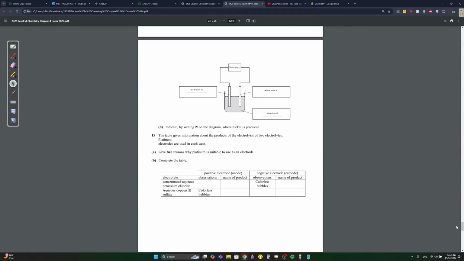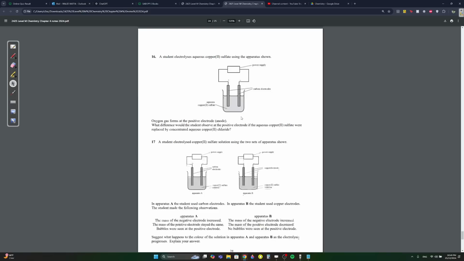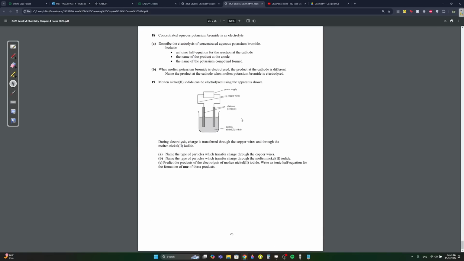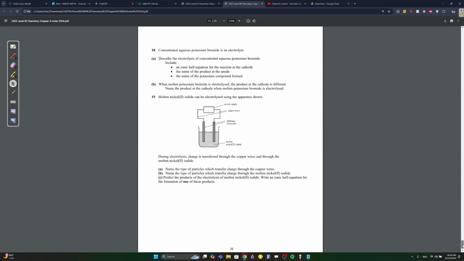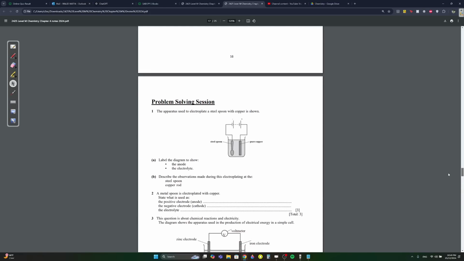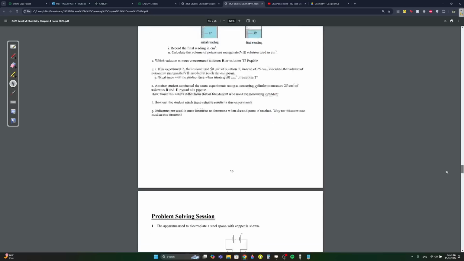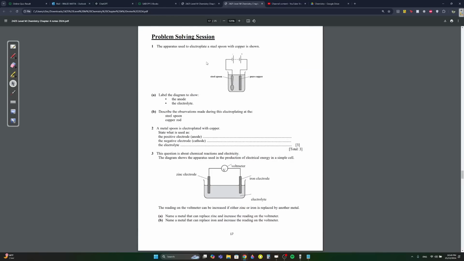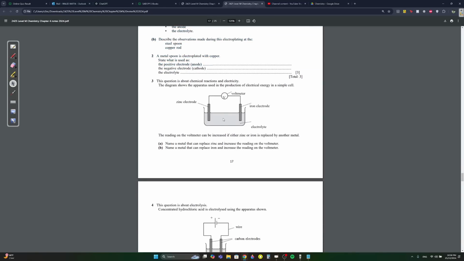These are all past papers, by the way. My advice to you is study all of these. There are how many past papers? 19 questions? Yeah, problem solving session. Honestly, do all of these. But where are their answers?